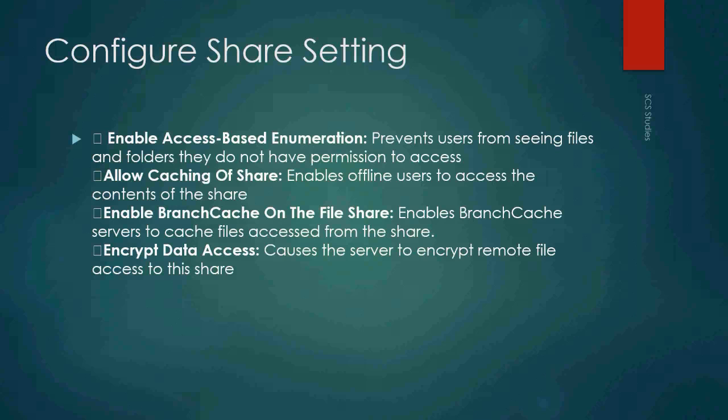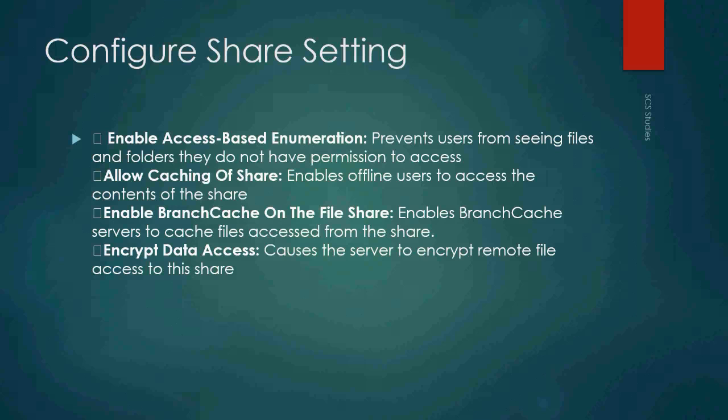Whenever you are using a file server in an environment and clients are continuously accessing the server and you have enabled branch cache on it, the branch cache feature will help clients cache the frequently accessed files on their local machine. So it will be much faster if branch cache is available in the server configuration.